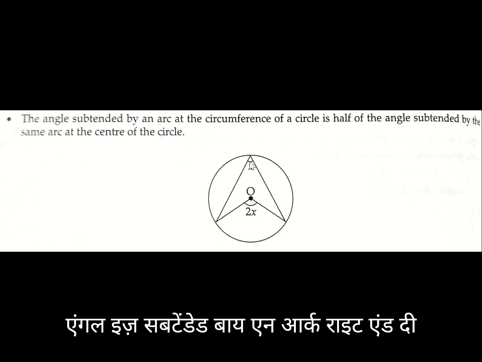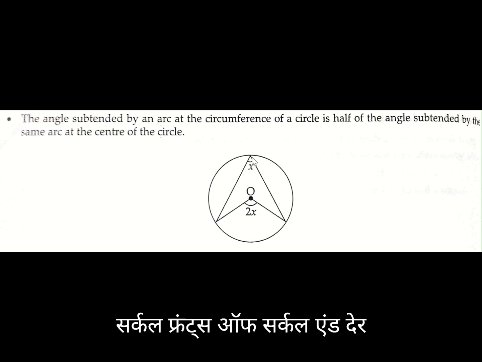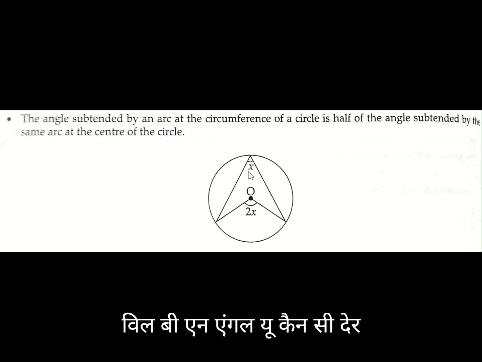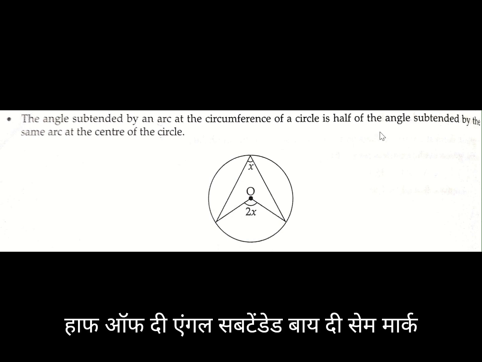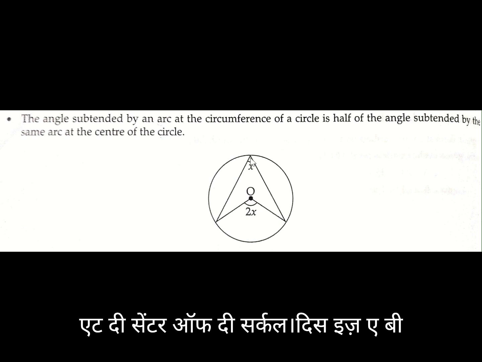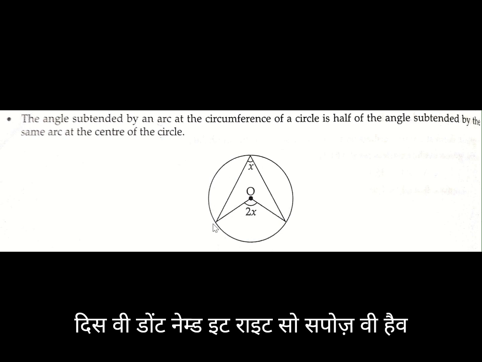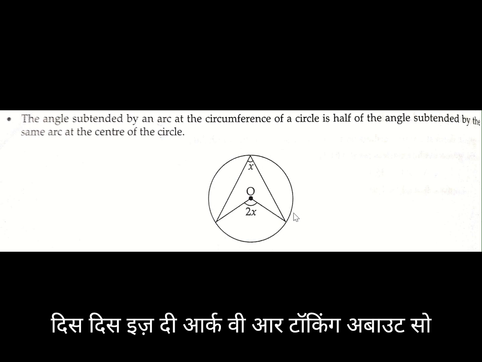An angle is subtended by an arc at the circumference of the circle, and there will be an angle. You can see that angle x will be half of the angle subtended by the same arc at the center of the circle. Suppose this is the arc we are talking about.